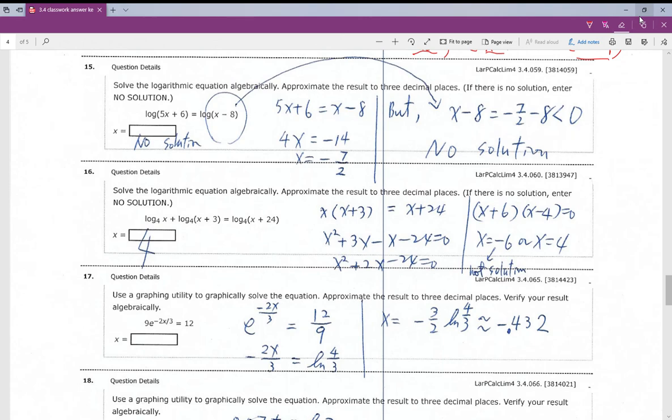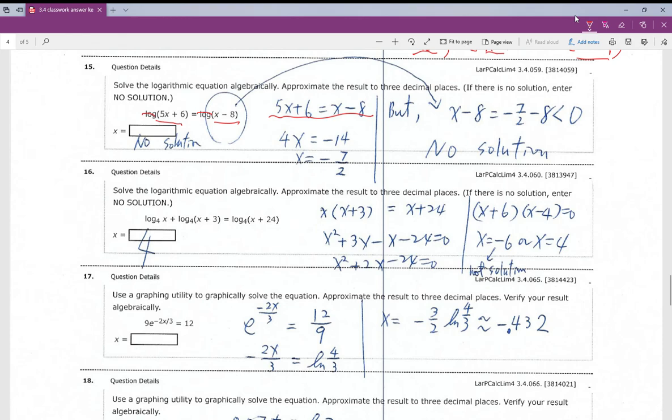Number 15. So number 15, I may simply just use the one-to-one property. So the input equals the input, right? Input equals input, and simply I solve for the answer.